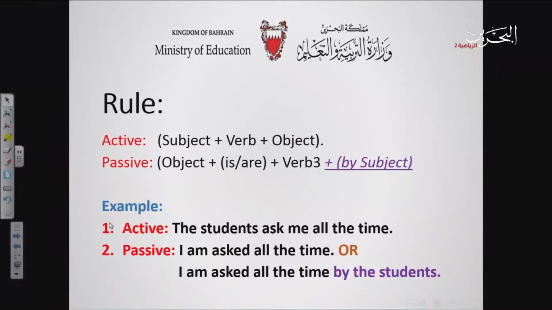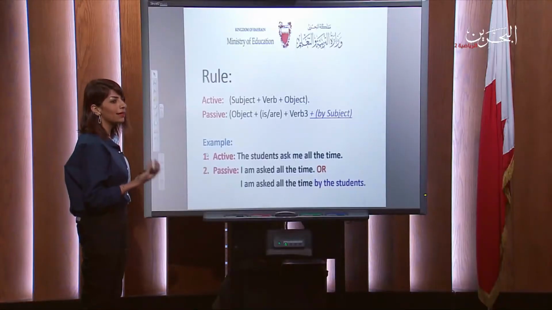And of course, I finish it with the verb. And the verb has to be in past participle form. It has to be in the third type of verbs. Now, if you can see, we have finished it plus by subject in other color. Why? Because sometimes it may come with the subject, or if I haven't written it or said it, it doesn't change anything. Now, let's go to the examples to clarify that more.